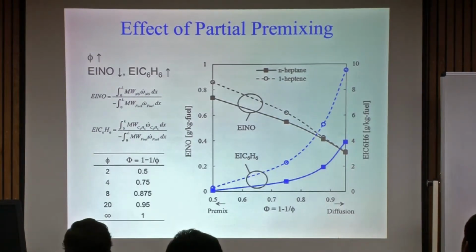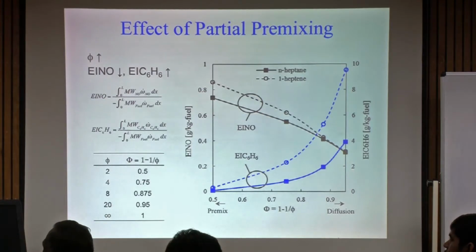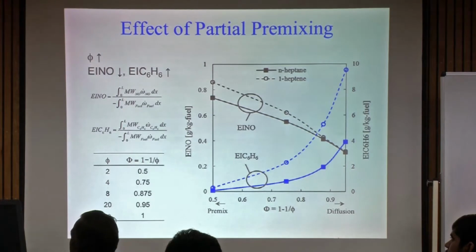Can we take a log function also? Yeah, you could have taken the log function also. But it is becoming a common practice to use this variable for partially premixed flames. I don't know whether we started it or somebody else did, but we use this a lot.